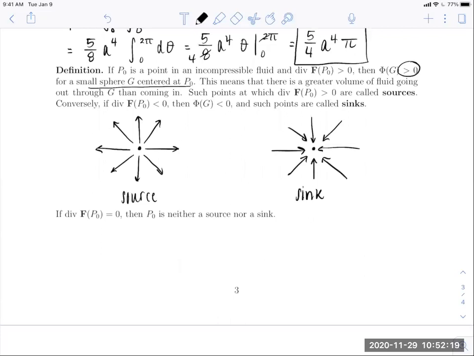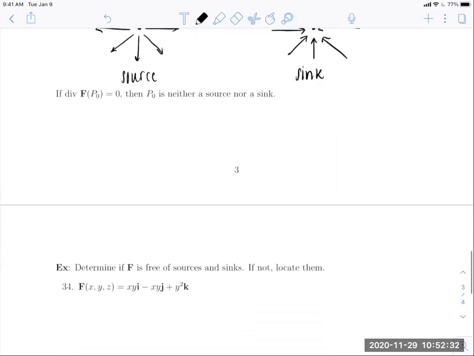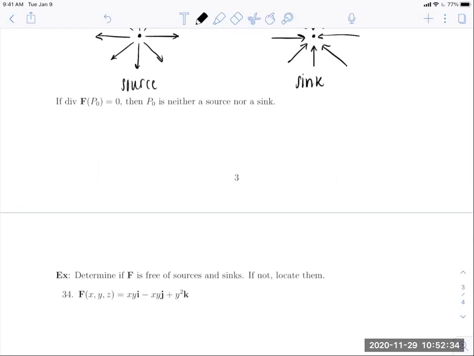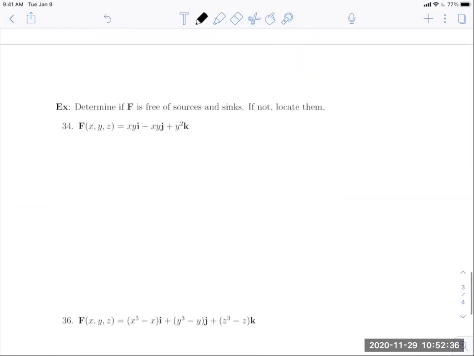Now, if the divergence at a point happens to be 0, then we just say that that point P naught is neither a source nor a sink. So let's end this section by determining whether some points are sinks or sources. Determine if F is free of sources and sinks, and if not, locate them, meaning locate where the sources and sinks are.